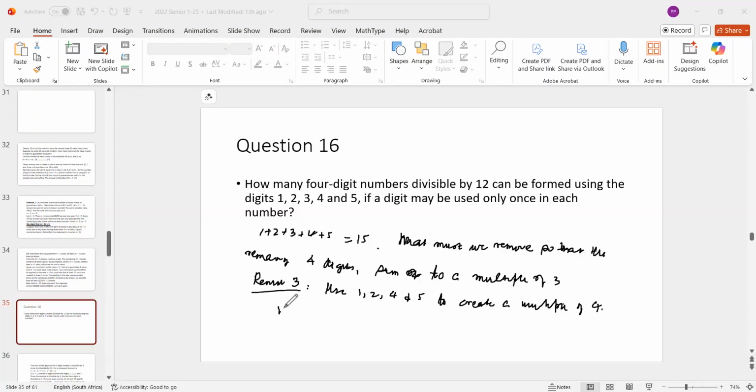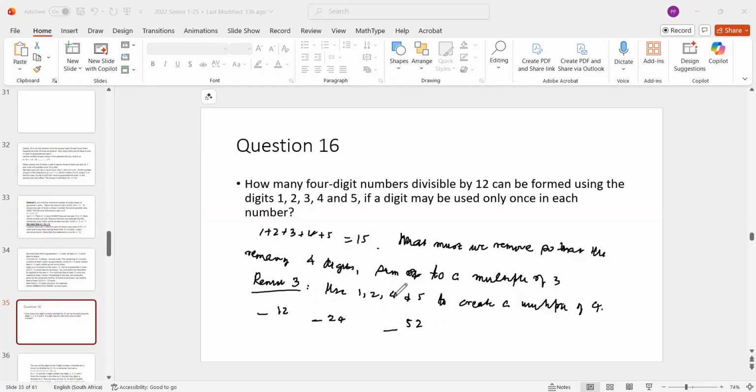The ending: you could have the ending 12, 14 doesn't work, 15 doesn't work. The other one is 24, and you can also have 52. 52 is a multiple of 4. But you'll notice that there are no other endings. These are the only 2-digit numbers which create multiples of 4.